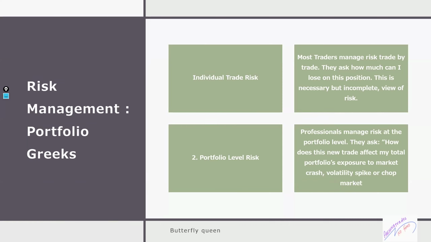That's one position. But what does that position do to your entire portfolio, right? When professionals have to take an additional trade, you may have 5 positions in your account. Now you get an alert because you put some alerts on your chart. Okay, Palantir crossed this level and you have to take the next trade.